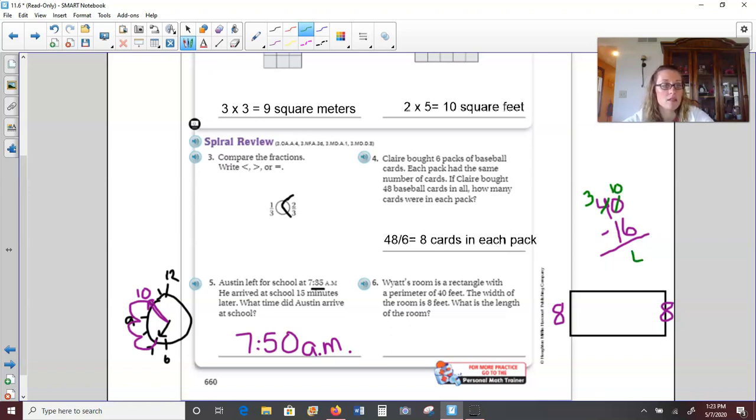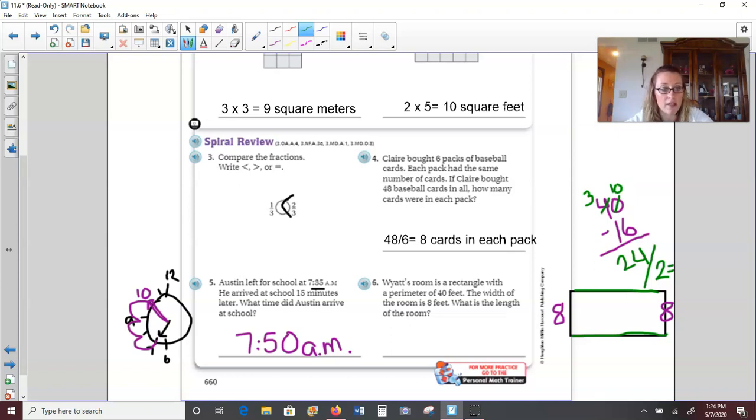10 minus 6 is 4. 3 minus 1 is 2. Now, that is not the length. This side here is not 24. We have to split it between the top and the bottom. So now we're going to take 24 and divide it in half. So what is half of 24?